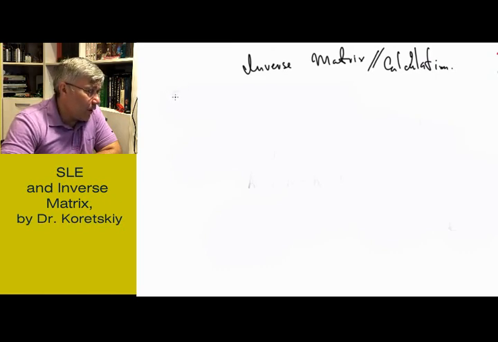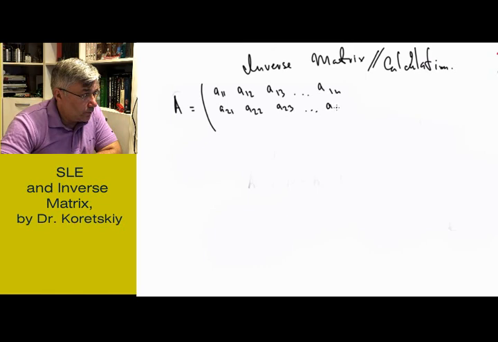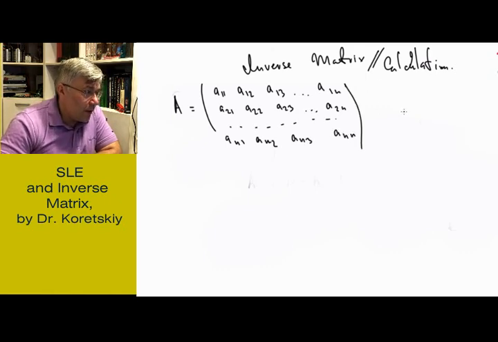So, for example, A is a given square matrix, an n by n square matrix.